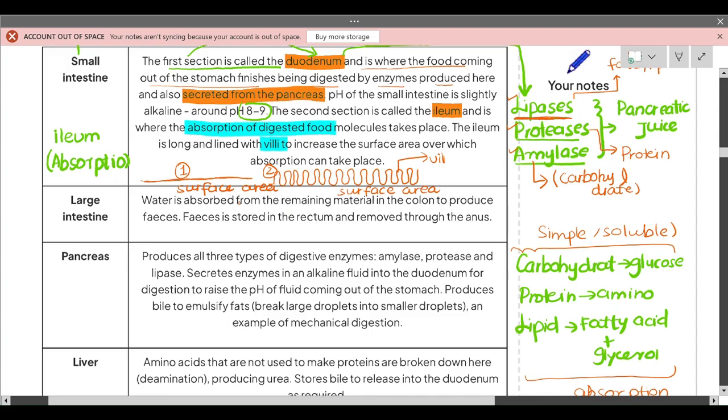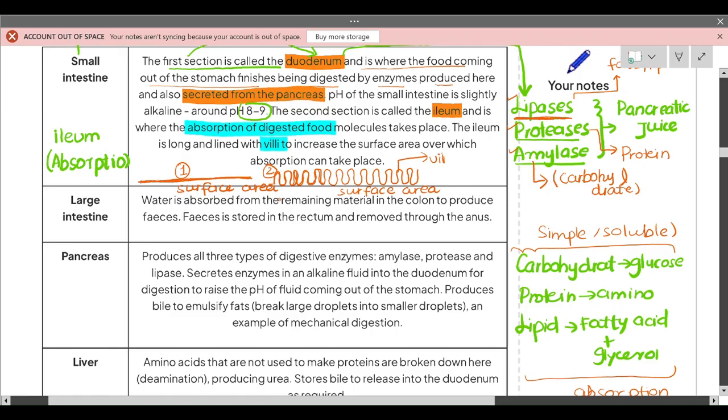Can you see in front of you, there are two sides present here. In one inner side, you can see there are no folds present, and in the second side, you can see there are certain folds present. Which type has increased surface area? Second. Yeah, it's second. That's right.